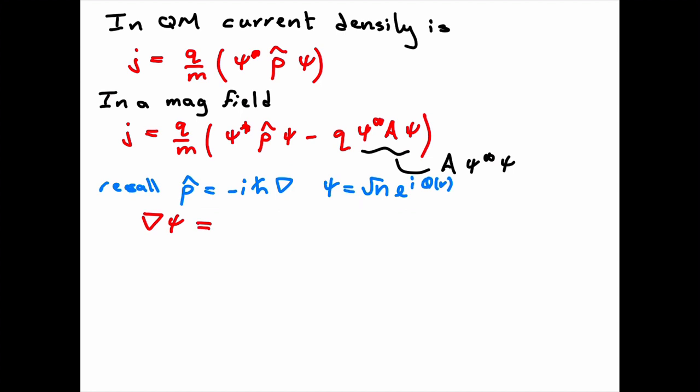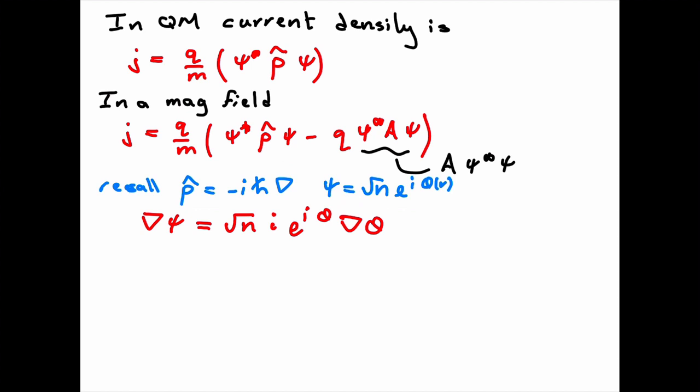Well, that will just be equal to the square root of n, because that's a constant. The differential is going to bring me down i, I'm going to get my e to the i theta, and I'm going to get the differential of the phase.